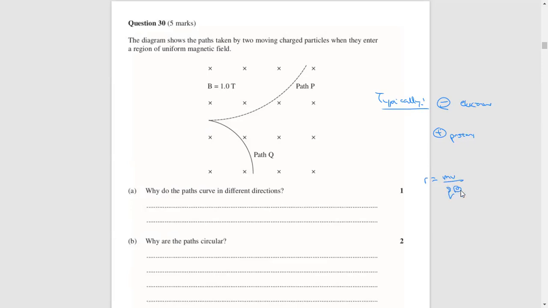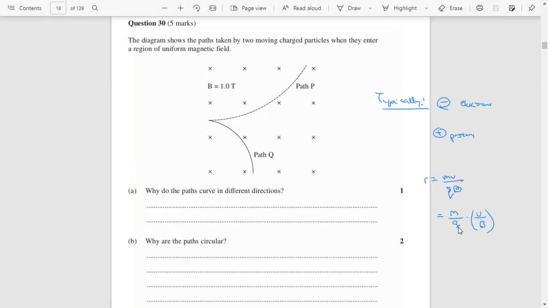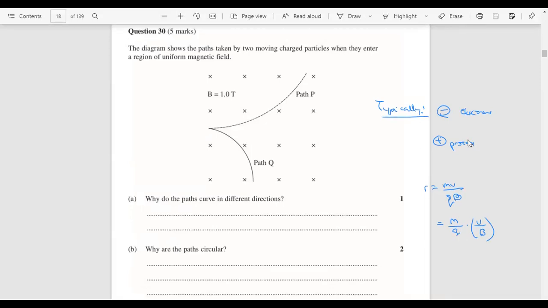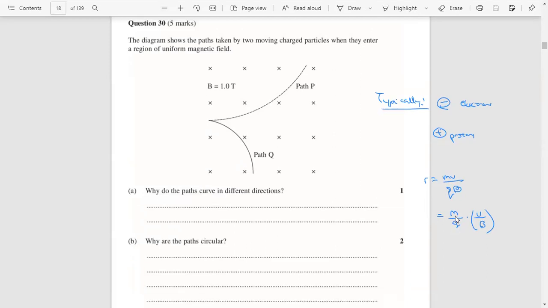So if you assume v and B are constant, for particles moving at the same velocity and in the same magnetic field, it depends on how heavy they are in terms of mass and how charged they are. In the case of a proton and an electron, they're both positive or negative 1, so the charge is the same. So it's a question of the mass.